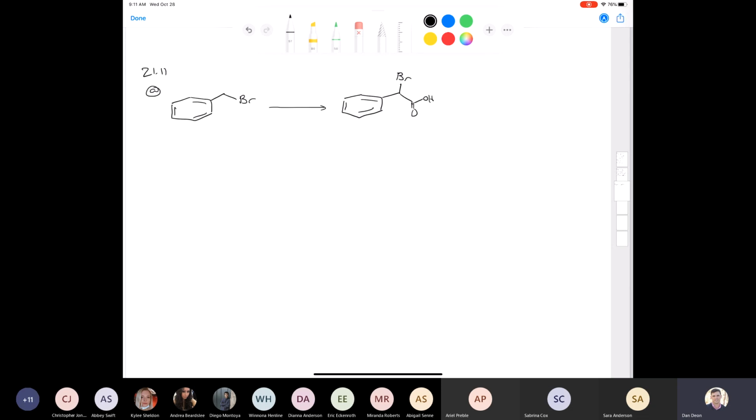So this is an alpha bromo carboxylic acid. Therefore, we're going to need the HVZ reaction. Now, in terms of retrosynthesis, that means I need to have this compound. And so how do I get from benzyl bromide to this compound?